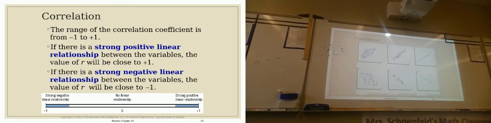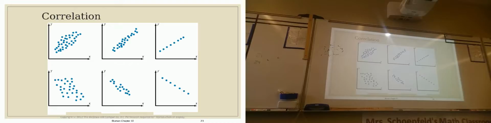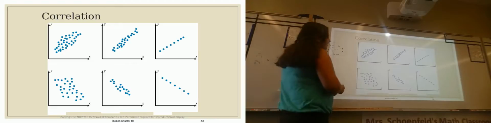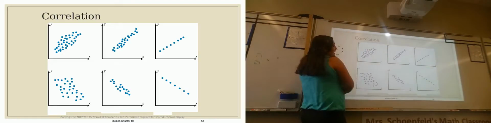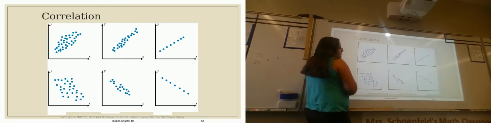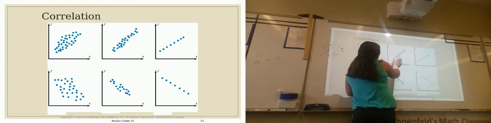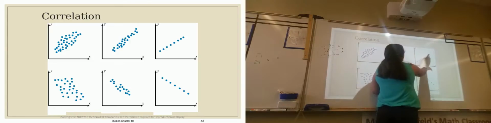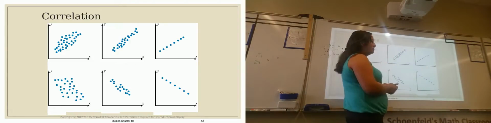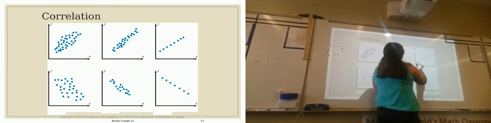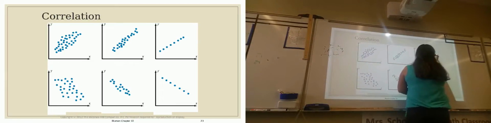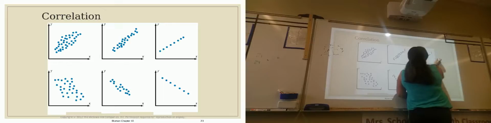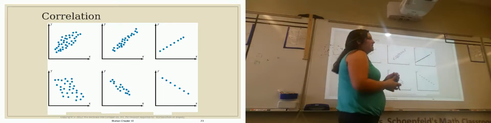Okay, so correlation is pretty straightforward. This is a pretty weak positive linear. This is pretty good positive linear. This would be like a perfect one because I can draw a line that goes through all of them. That very rarely happens. If I can touch all of the points with a single straight line, that's a 1.